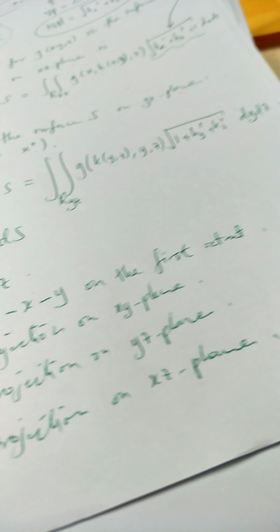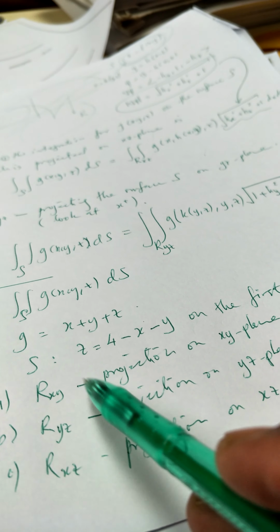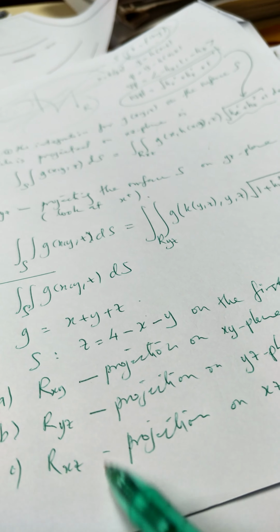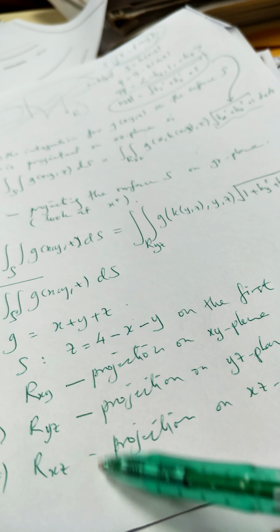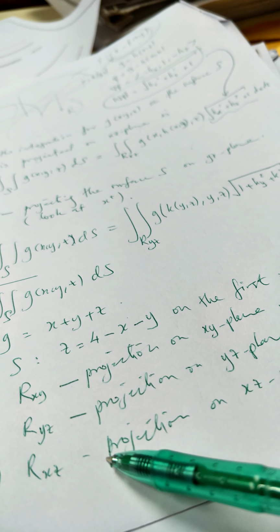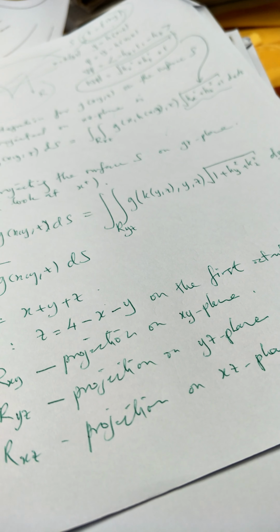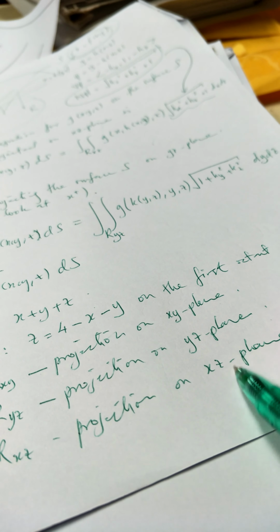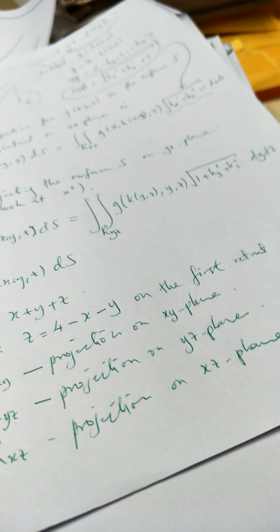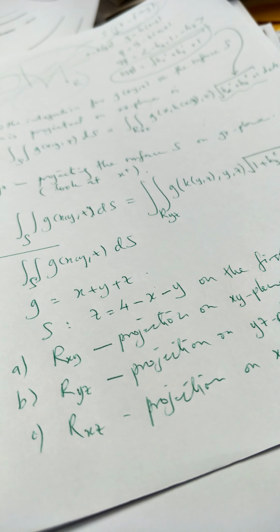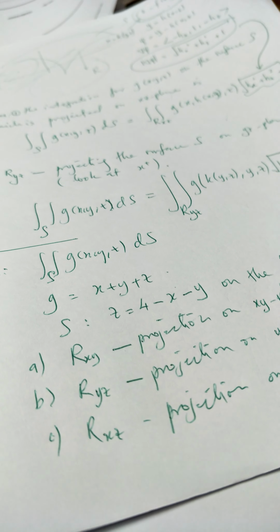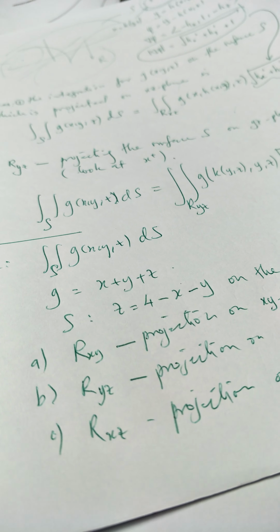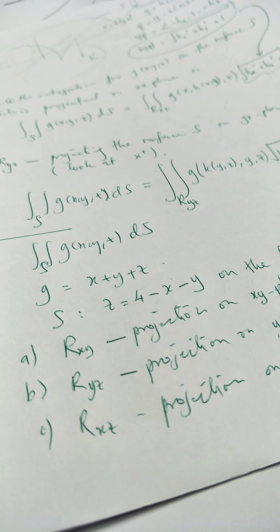You have the same surface for all of these three regions on different planes. The surface is the same, so I'm expecting that you should get the same result for all these three different cases. All right, with that, we end this video number 30 and 31. Thank you.